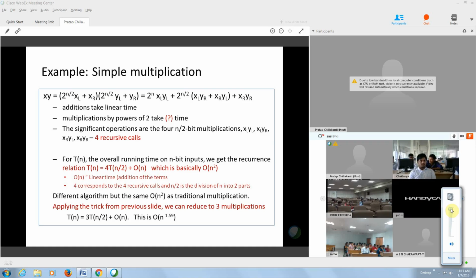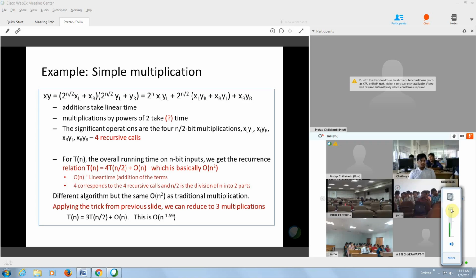However, if you apply the trick that I showed in the previous slide, remember I told you the Gauss guy came up with a beautiful idea to convert from 4 multiplications to 3 multiplications. All of a sudden the recurrence relation, the time it takes, changes.